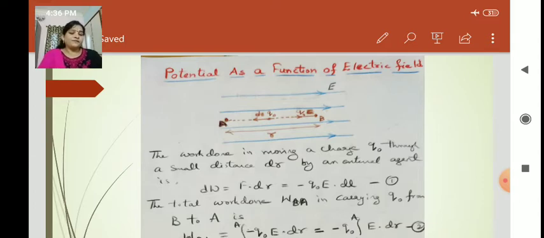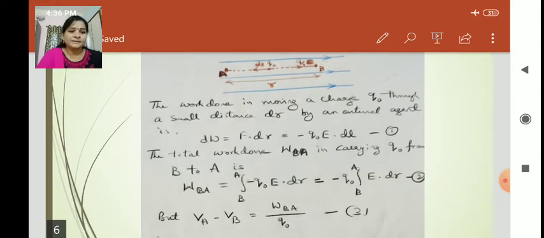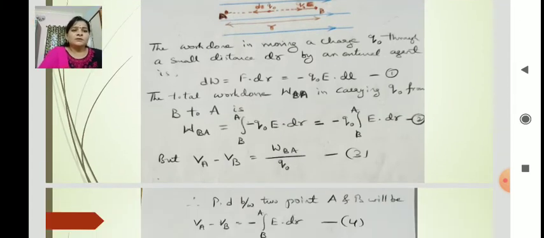So if the charge has to be displaced a small amount dr, then the small amount of work done dw by some external agent is given by dw is equal to F dot dr. So that is equal to, as I have written in equation number 1, minus Q naught E dot dr. Why minus?